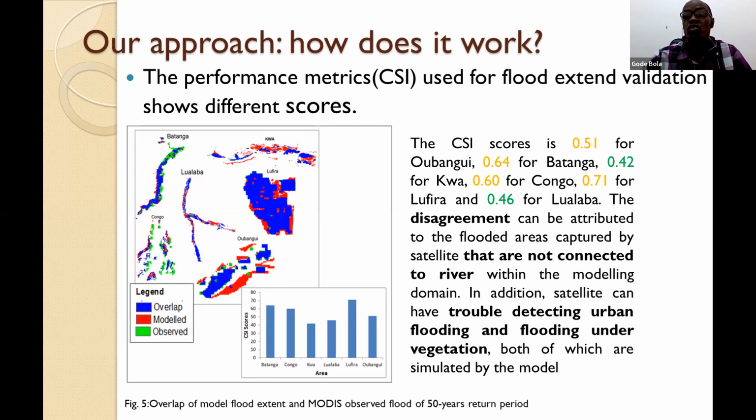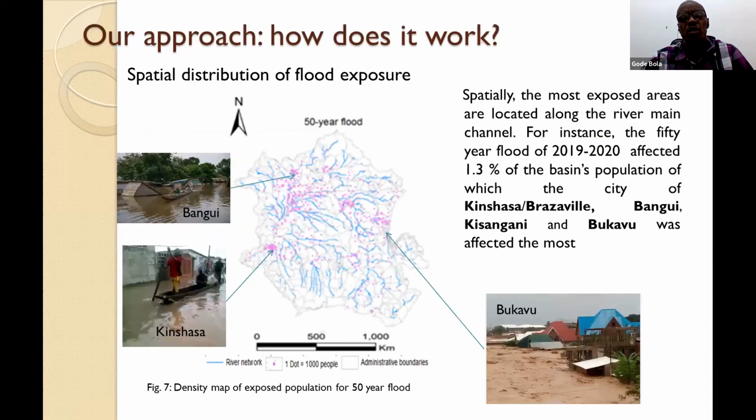That was one of the elements that can affect the agreement of observed and the model. But we think that the global flood risk model product was really suitable to capture areas where it was flooded, especially the location of flooded area.